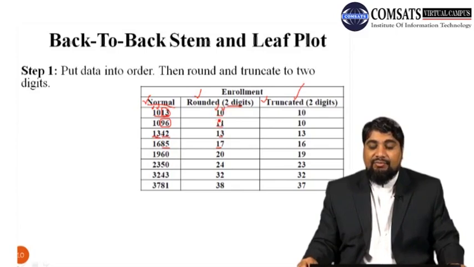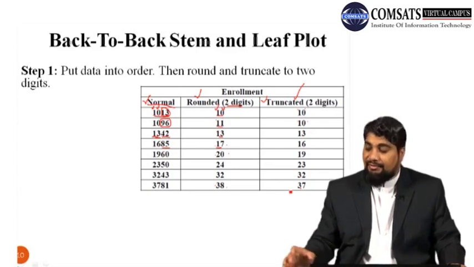Again the leading digit is 1, trailing is 1, leading is 1, trailing is 3, then leading is 1, trailing is 7, leading is 2, trailing is 0, and in the end the leading digit is 3, trailing is 8. Similarly in the truncated list, leading digit is 1, trailing is 0, leading is 1, trailing digit is 0, then 1, 3, and in the end leading digit is 3 and trailing digit is 7.